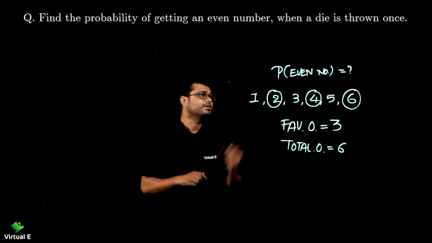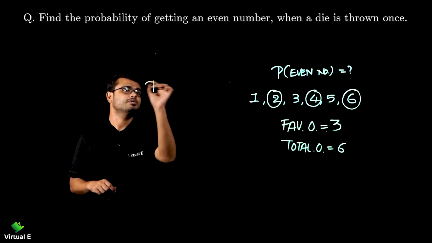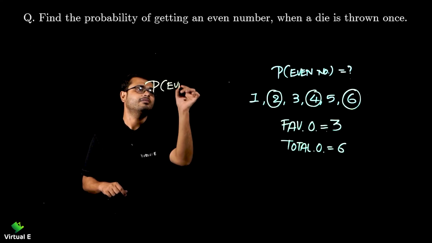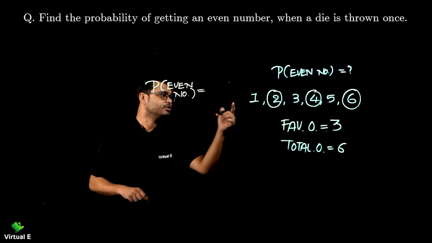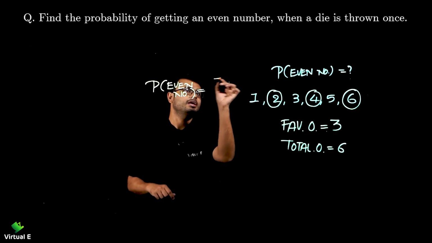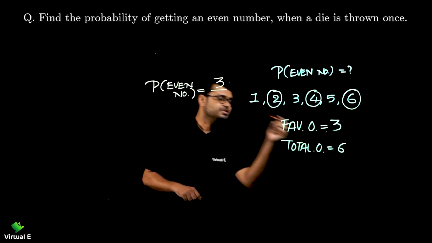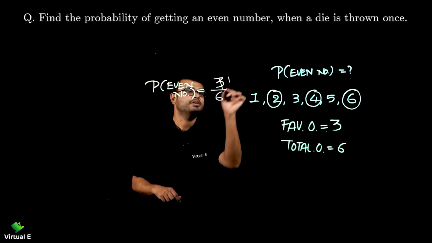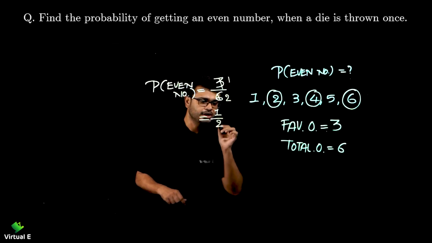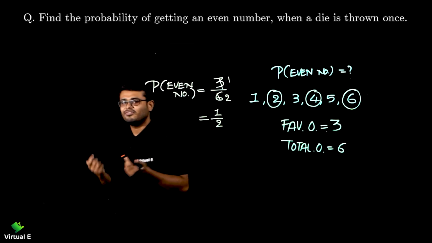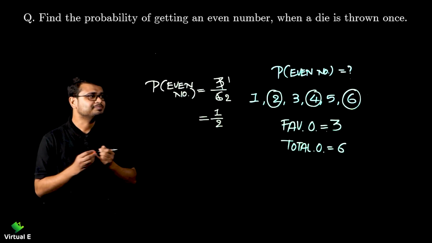Probability of even number is equal to favorable outcomes 3 over total outcomes 6. So 3 ones are 3 and 3 twos are 6, so 1 by 2, which means 50%, right? Half of it. Half the time you can get an even number.